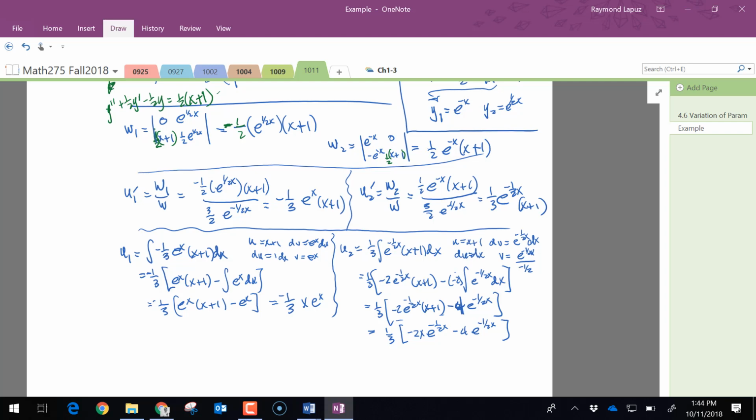So let's see. Right now it's positive 2, but then when we integrate, another negative 2 comes out, right? The u substitution, u is equal to the negative 1/2 x. So the negative 2 comes out of this one. That's how the negative 2 came out the first time, and when we do it again, another negative 2 comes out.